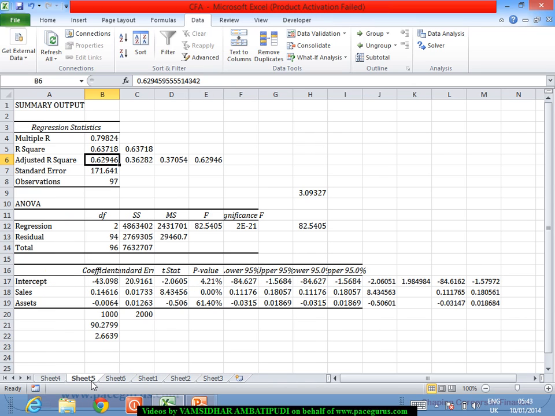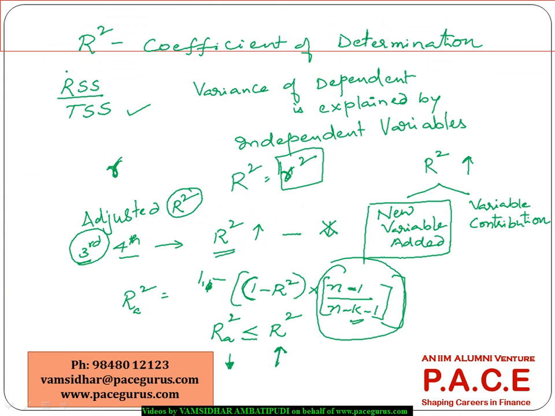So the new variable I have added here has no kind of impact on the dependent variable. So adjusted R squared has that kind of power. Though R squared is increasing, adjusted R squared is decreasing. That means that particular variable is not adding anything statistically significant to the model. It's better that the variable be removed.